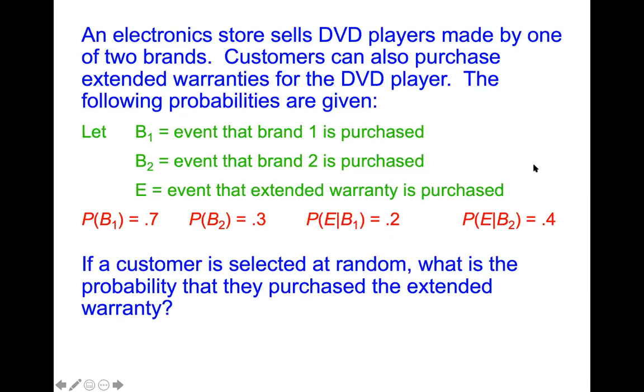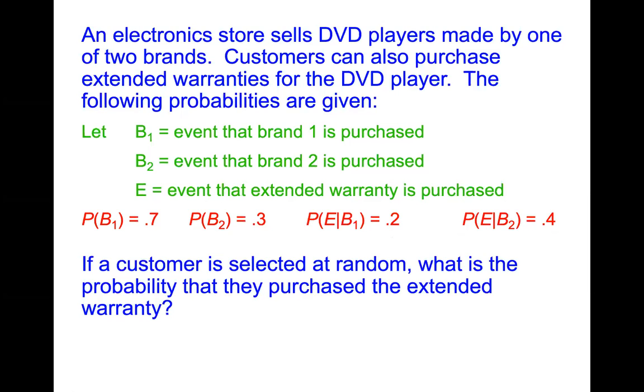And your question is, if a random customer is selected, what is the probability that they purchased the extended warranty? Okay, so give it a shot, look through some of the examples that we did, and test out using these formulas.